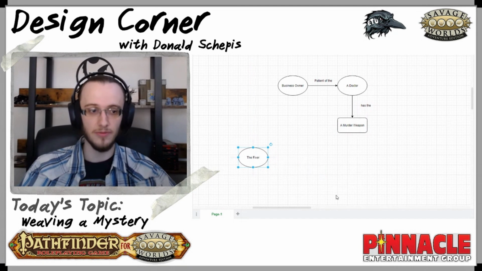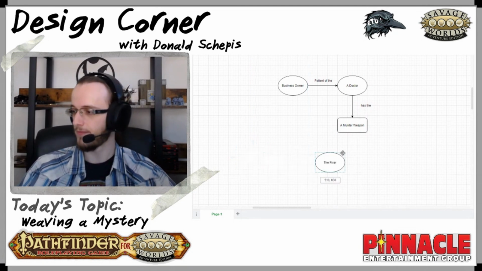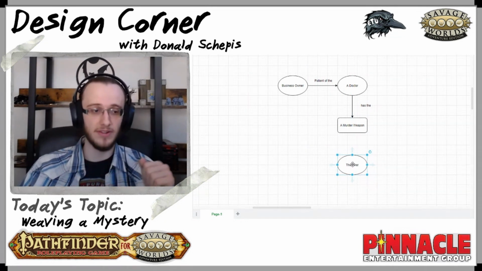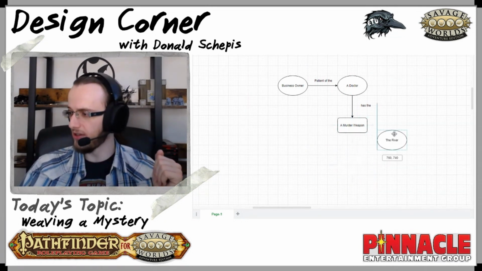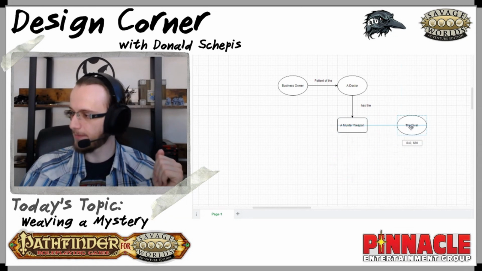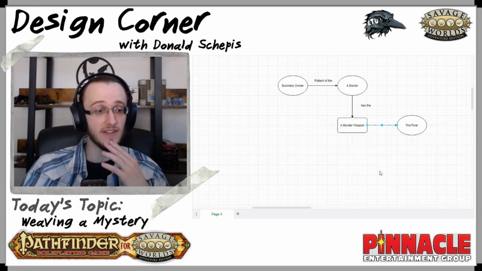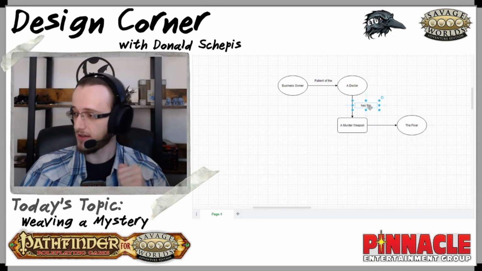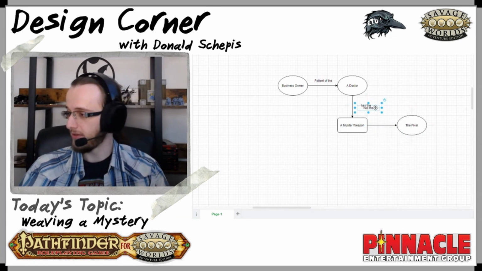What makes a murder weapon interesting? Well, the fact that they killed somebody. Now what I'm about to suggest can be a little risky. Let's actually put it over here, because from the outset of this mystery I'm saying that I'm going to deny one of my players access to one of their contacts.